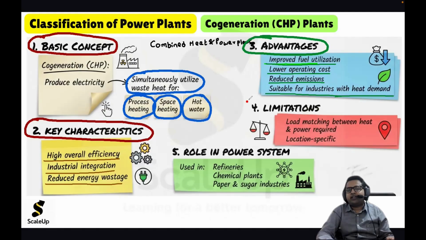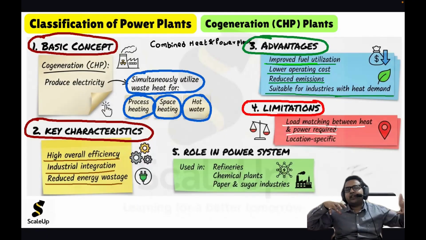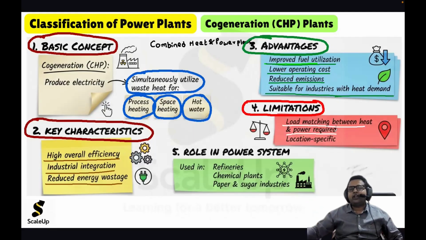If we talk about limitations of cogeneration power plants, load matching is a problem. Load matching between heat and power required, because here we are dependent on the waste heat. Now, if the load is high and the waste heat generated is very less, then it's a limitation in front of us. Then we cannot fulfill the load.